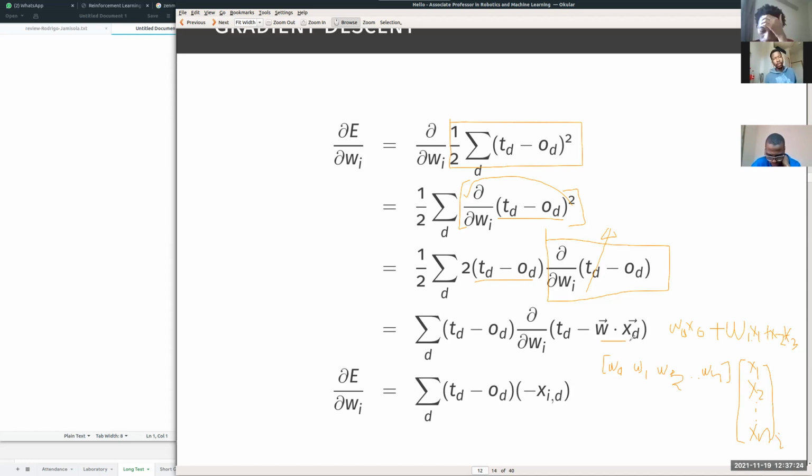So this one is the same as that. The derivative of this one is 0, and now we take the derivative of this. We have shown already that with respect to whatever W you are using, you get that Xi. In our case it was X0 or X1 or X2. Depending on which W you are considering, that is the corresponding X.